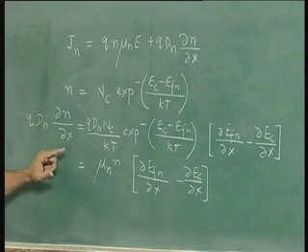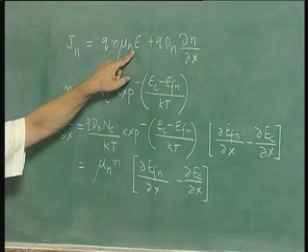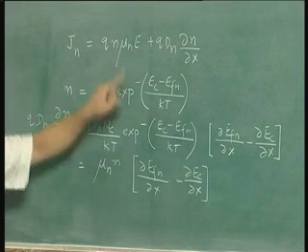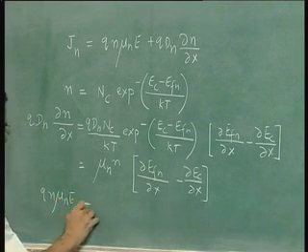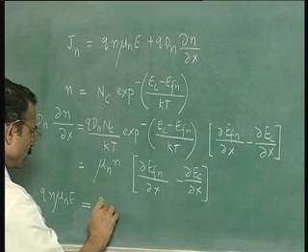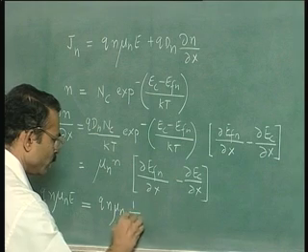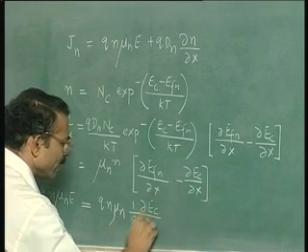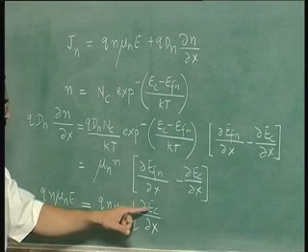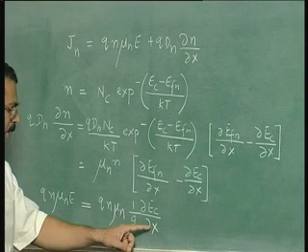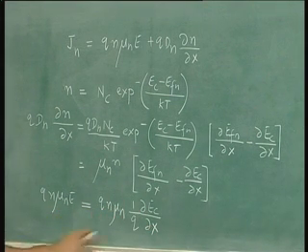Now one can add this term to the drift term q n mu n E, where E should be written in terms of the conduction band energy. So we can write q n mu n into E, the drift current, as q n mu n, and E is nothing but 1 by q dou EC by dou x. We have shown this earlier, that EC by q is the potential energy corresponding to the electrons in the conduction band, and the gradient of this potential is the electric field. The negative sign is not there because EC is the electronic potential energy.